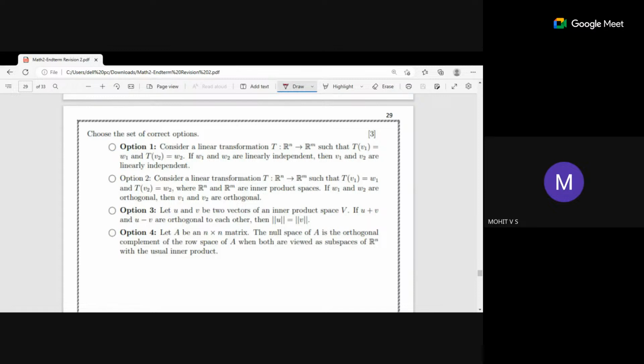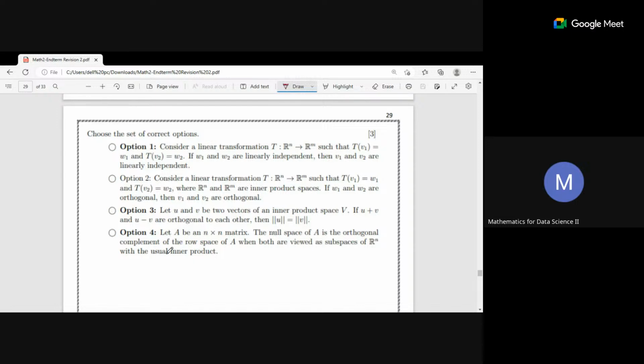For every V in V, let a W in W be defined. So if W is linearly independent, then V should also be linearly independent, right? It should be, ma'am. The option is right. Okay, so if it is right, please explain how it is correct.